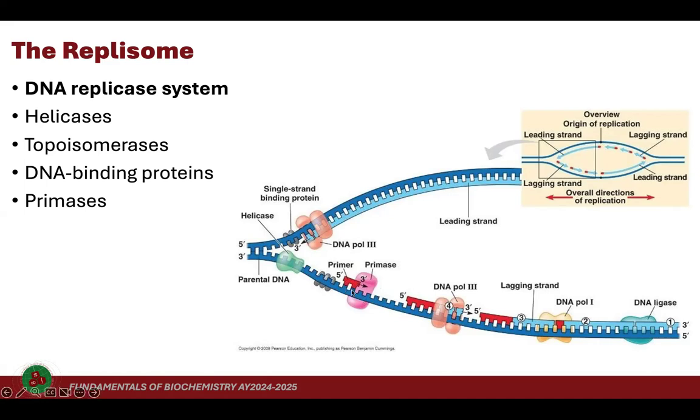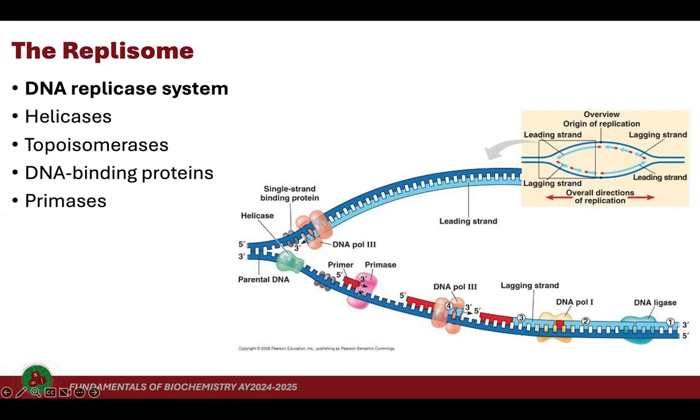So they read the template strand and they synthesize a complementary RNA strand. So this is just a short RNA strand, probably around 50 nucleotides, something like that, or probably shorter, depending on the organism.